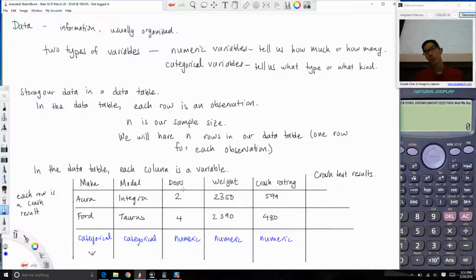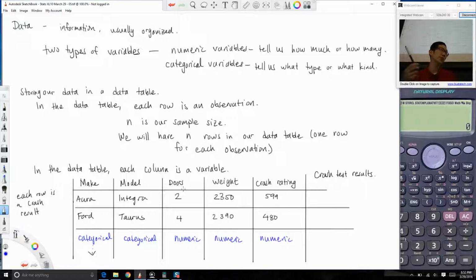Sometimes we have variables like that. We could ask how many doors does your vehicle have? That's a numeric question because you're going to tell me you have 2 doors or 4 doors. Or we could ask what's the body type of your vehicle, and you can tell me it's a coupe or sedan.